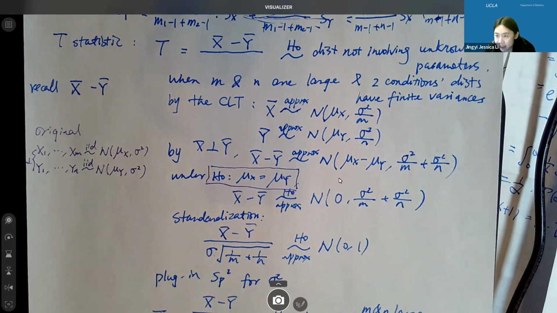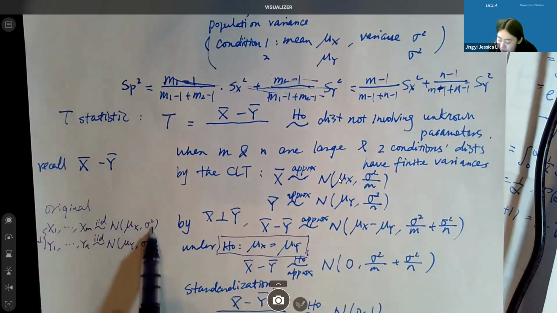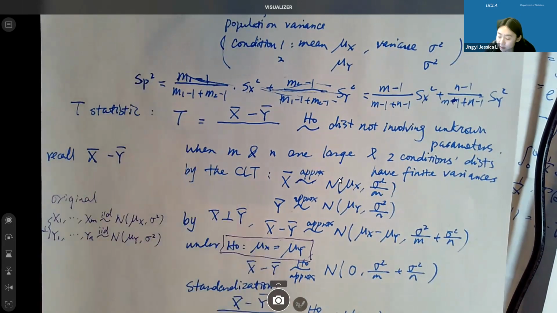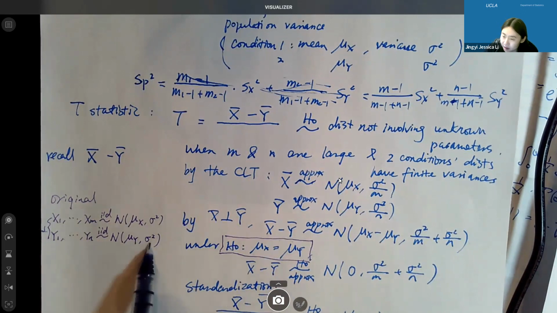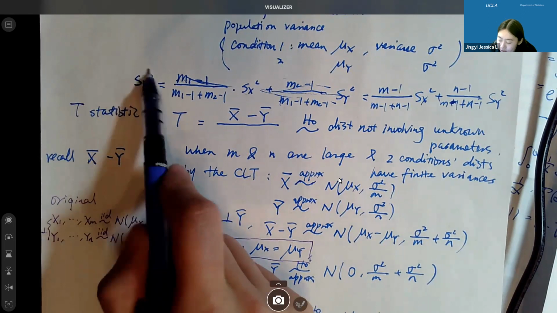One is that when m and n are both too small, we know this Sp squared, even under this common variance assumption, is a valid estimator of sigma squared, but it may not be good because it itself may have a big variance.